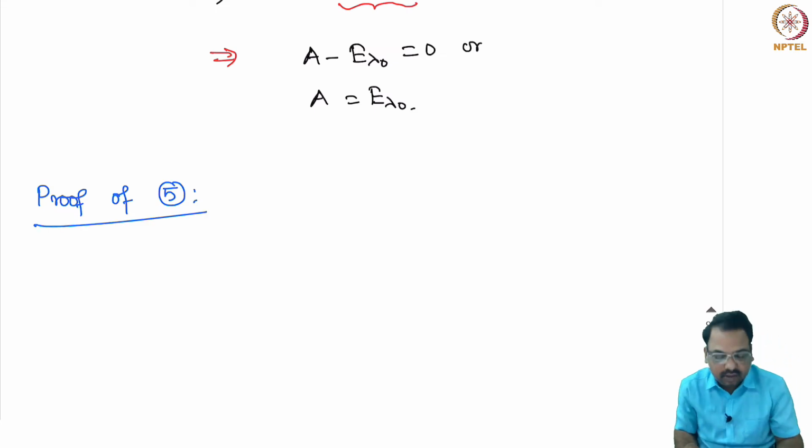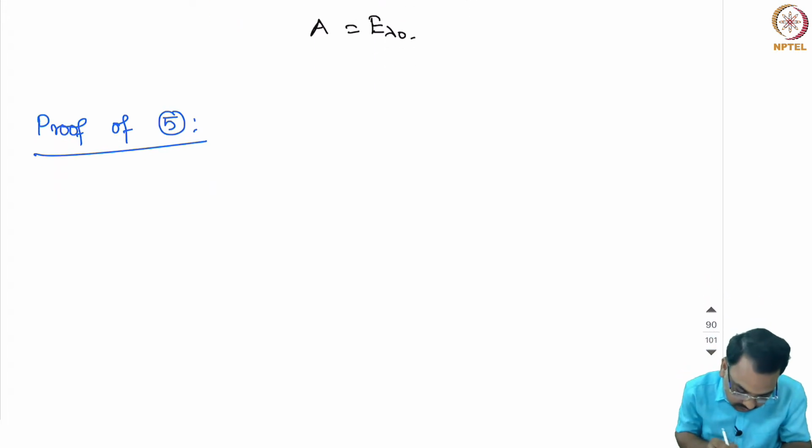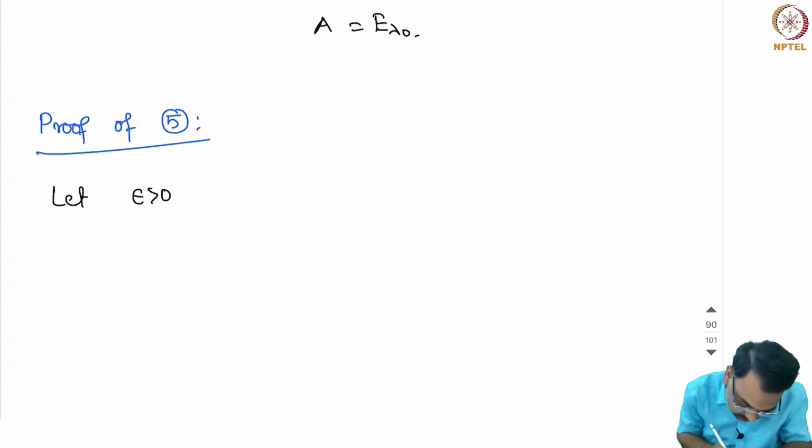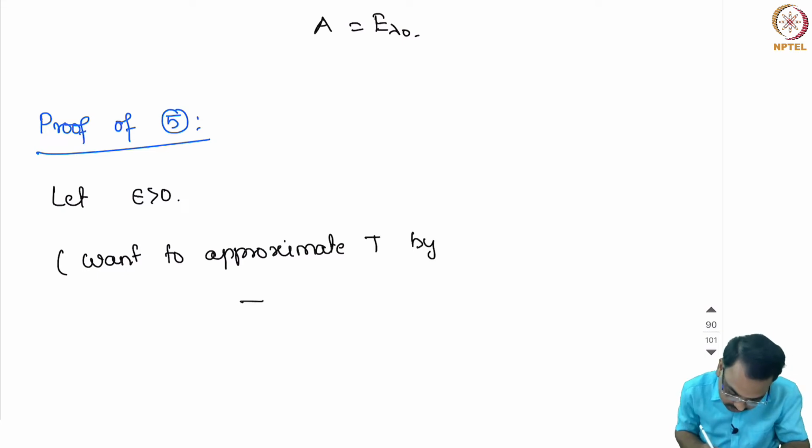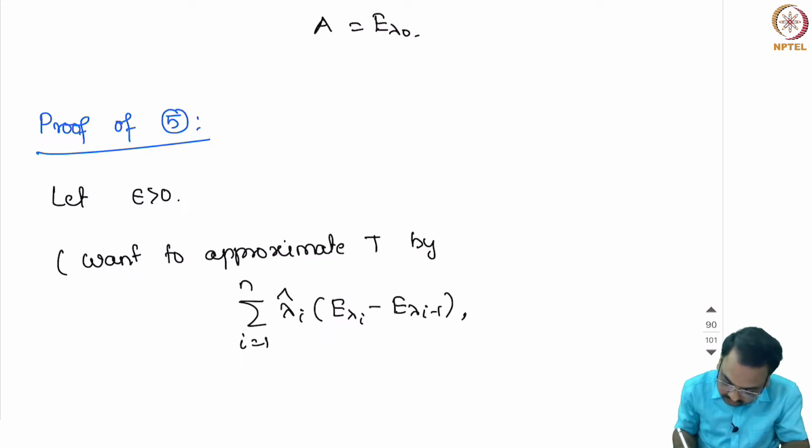We want to approximate T by operators of the form summation i equal to 1 to n of lambda i hat times (E lambda i minus E lambda i minus 1), where this lambda i hat is in the interval (lambda i minus 1, lambda i).